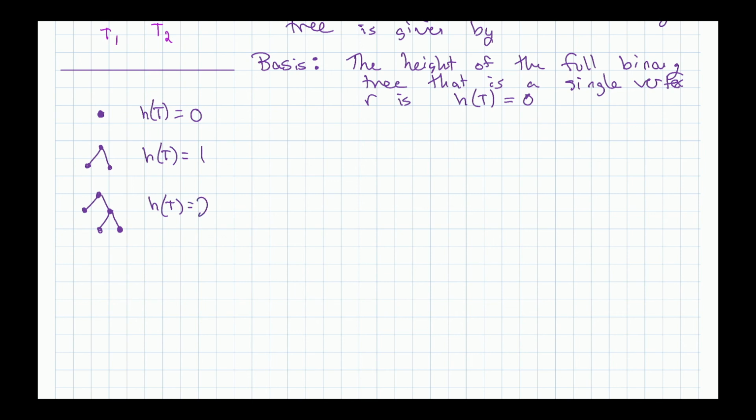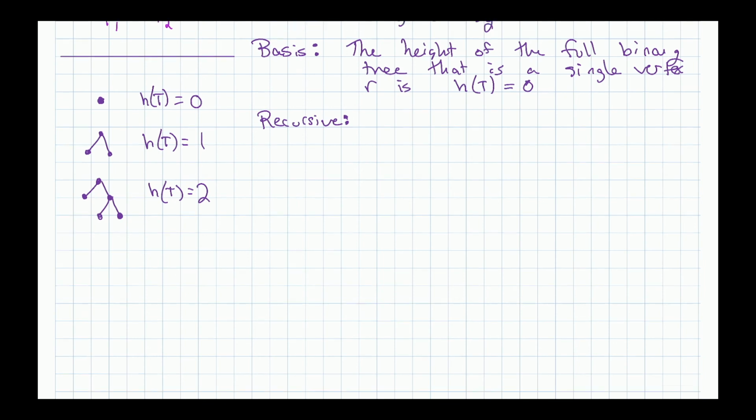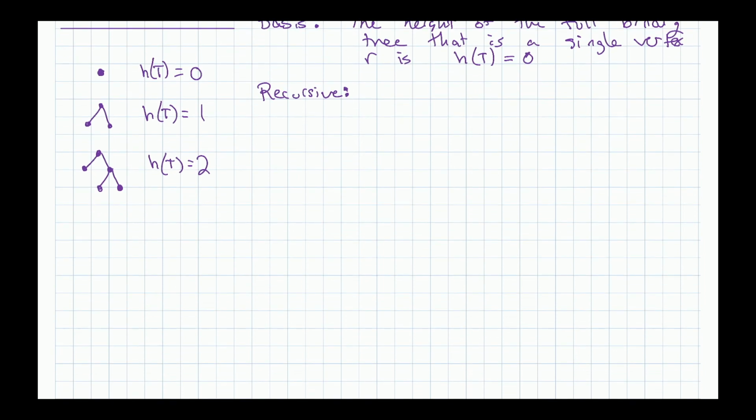All right. But that's not the definition, right? The definition is the definition. So we know that a single vertex is height 0. And then what the definition is going to say, so this recursive step is going to say, what's it going to say? So T1 and T2 are binary trees where we know the height.